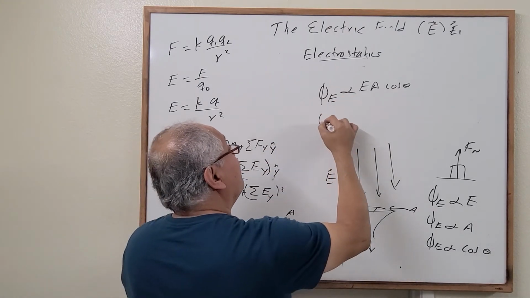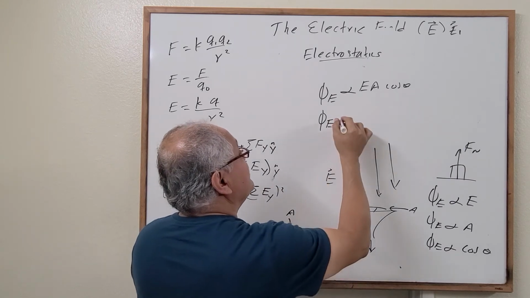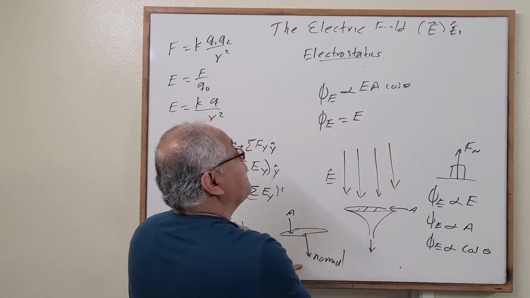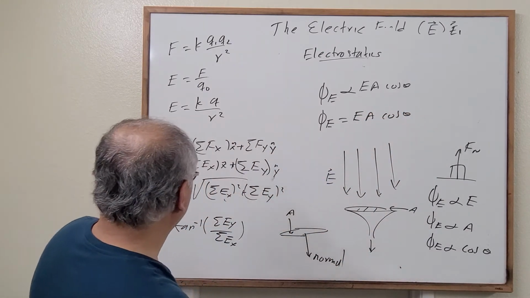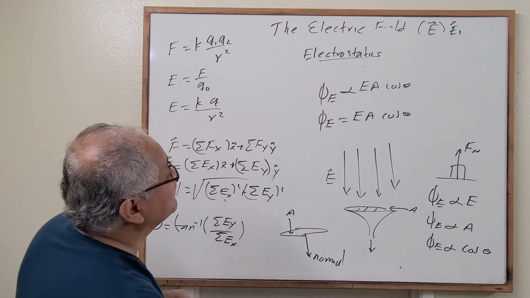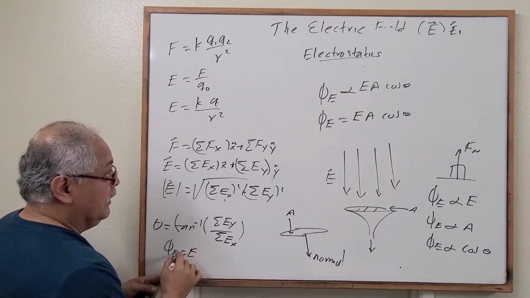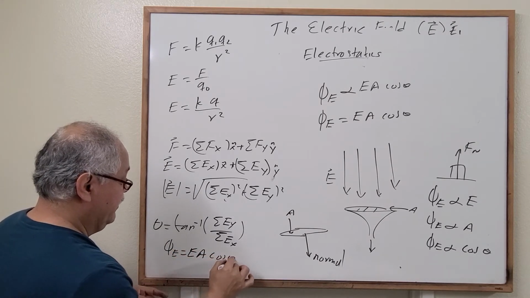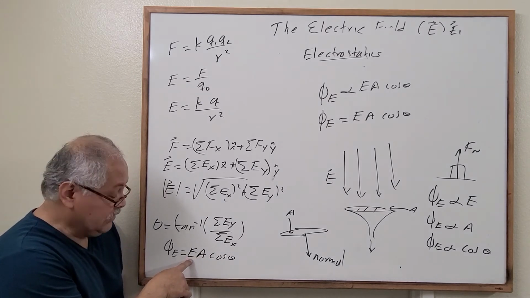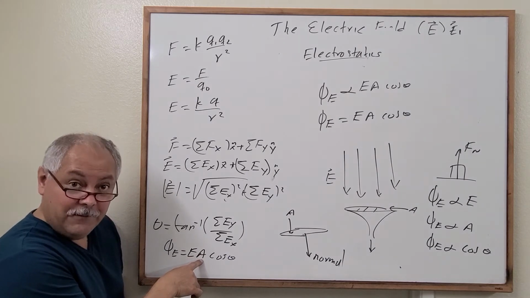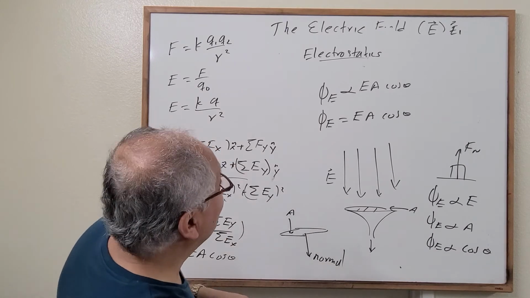Okay, so what do we have? The electric flux is equal to the electric field times area times cosine theta. This formula is very, very important too. Look, this angle should be between the direction of the electric field and the direction of the area. Okay, perfect.